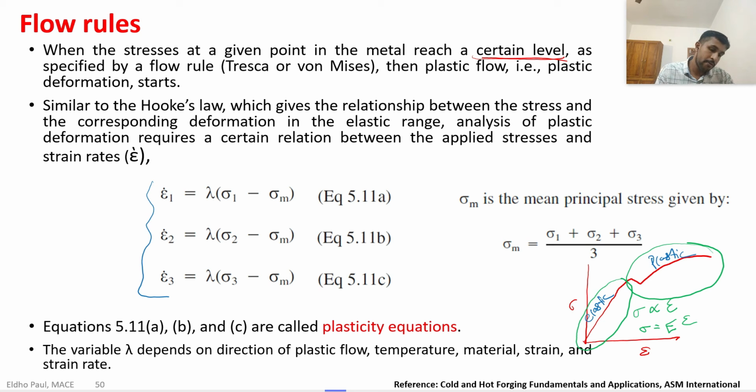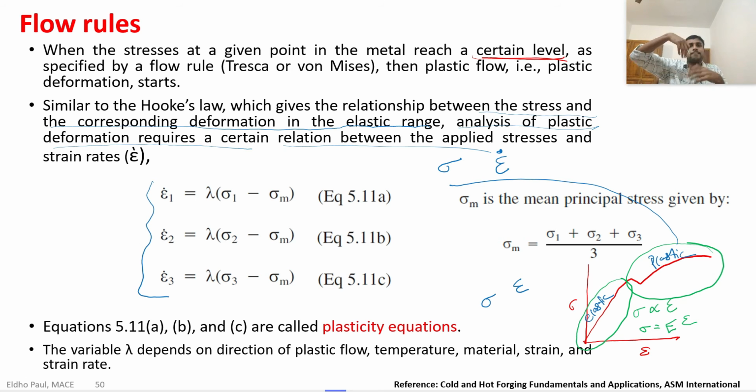Similar to Hooke's law, which gives the relationship between the state of stress and the corresponding deformation in the elastic region, analysis of plastic deformation requires certain relationships based on the applied stress and the corresponding strain. In the elastic region, we have a relation between stress and strain. But in the plastic region, we have the relationship between stress and not strain, it is strain rate. We already discussed strain rate: the amount of strain with respect to time.